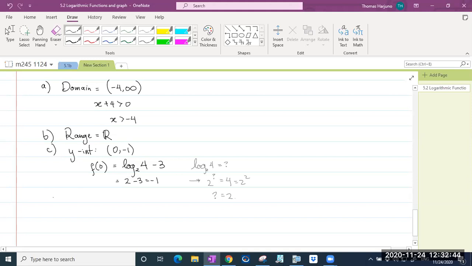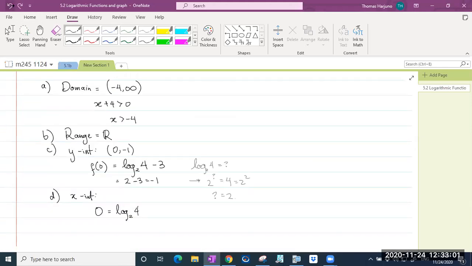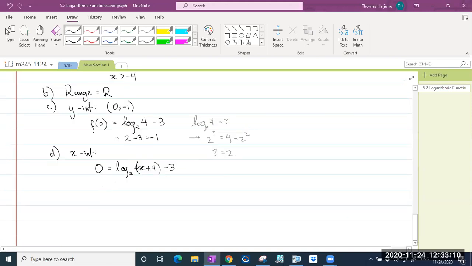How about the x-intercept? You set the function equal to 0. I'm sorry, not log base 2 of 4 equals 3. Log base 2 of (x plus 4), that's the original function, minus 3. Move the 3 to the other side, and then change it into exponential form.